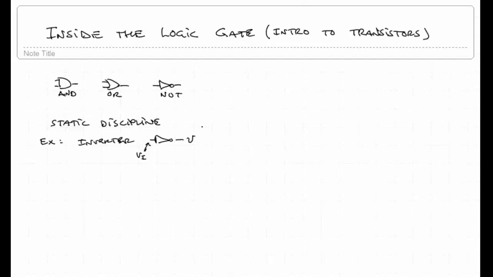We have ignored voltages. We've just talked about high and low, 0 and 1, basically these lumped values, when we were looking at Boolean algebra and implementing a logic gate. But now we're going to have to consider the fact that in any real digital circuit there are actually voltages.